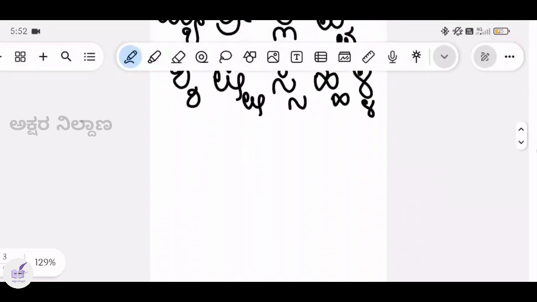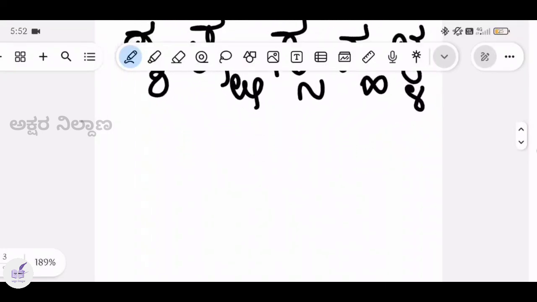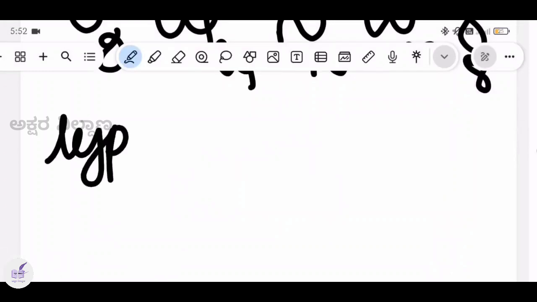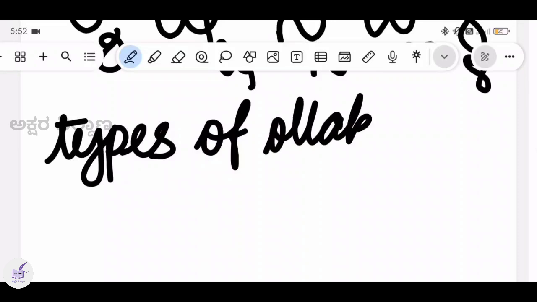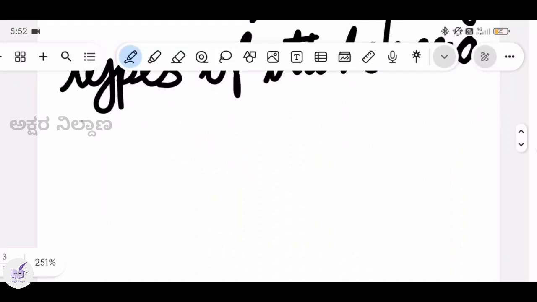Now we'll see the types of vataksharas. We already came to know how to write vataksharas, so that we can see the types.